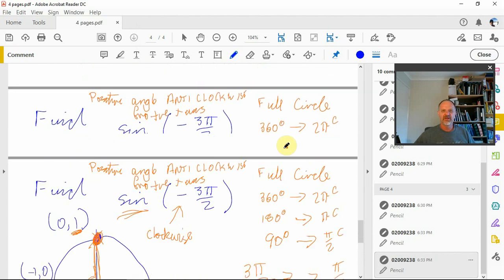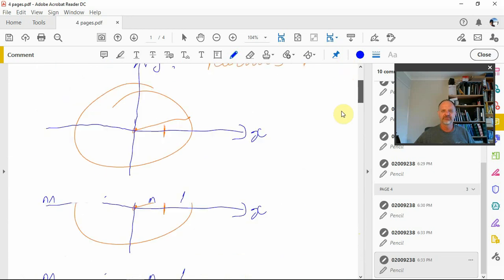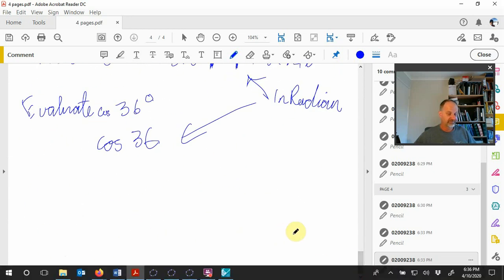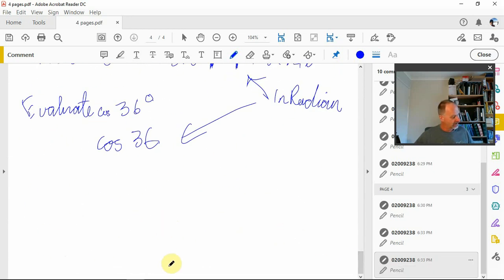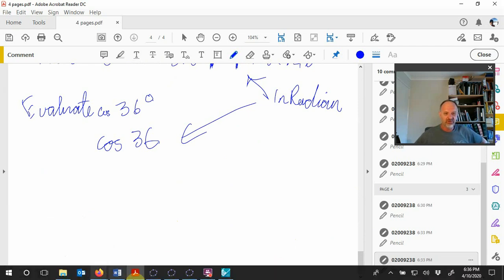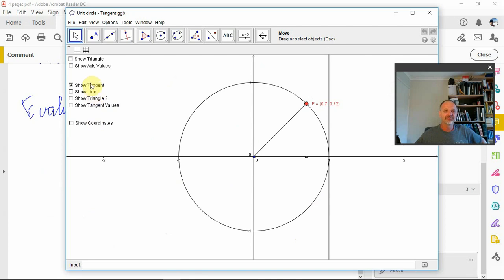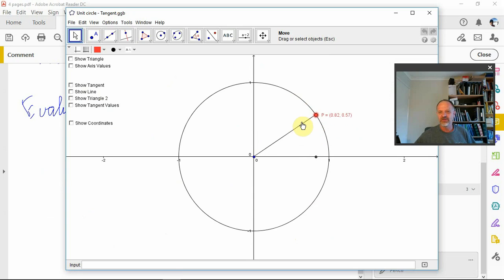All right, now there is another function, besides sine and cos. The other one is this one, tan. So here's our unit circle again. Here's our point. So there's our x and our y coordinates, right? So tangent.